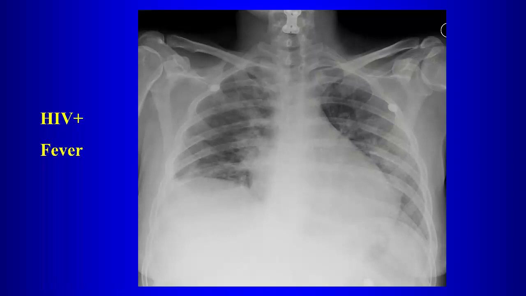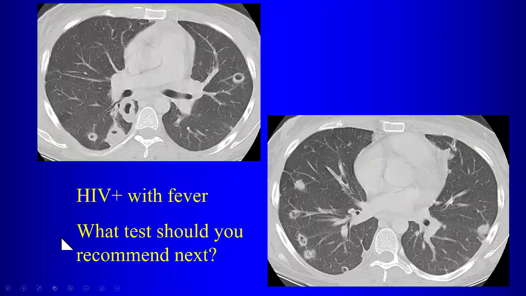You're questioning what, Jose? Cavitation where? Right upper lung, and up here? Yeah, and maybe the left upper, perihilar. Here? Yeah, that one. Okay, so what's the answer? Septic emboli. Yeah, this is septic emboli.